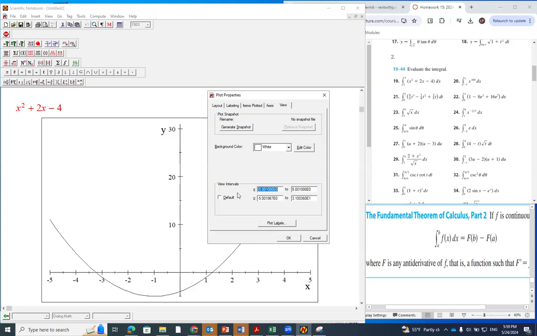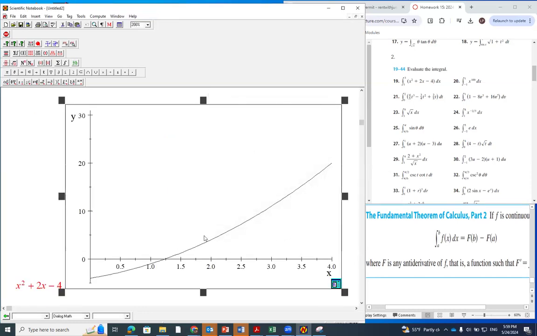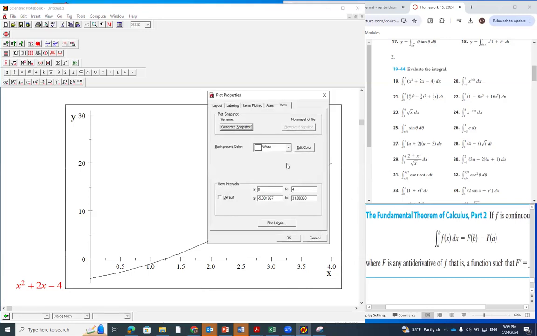So x from, let's see how that curve goes, right? From 1 to 3. So point 1, let me make some adjustment. And here we have -4 to say 7.